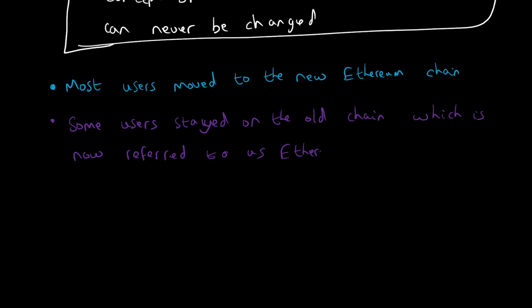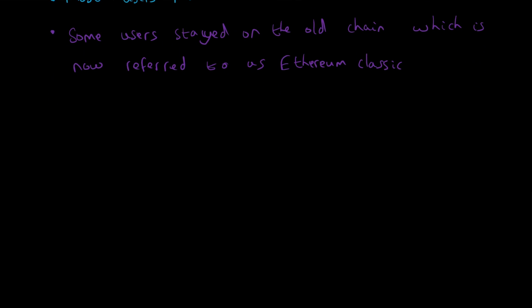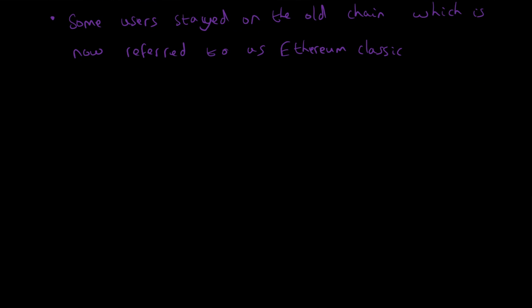Ethereum Classic. So we have Ethereum, which is what most of the users use, and then we have Ethereum Classic, which is the initial chain. So most users switched, some users remained.